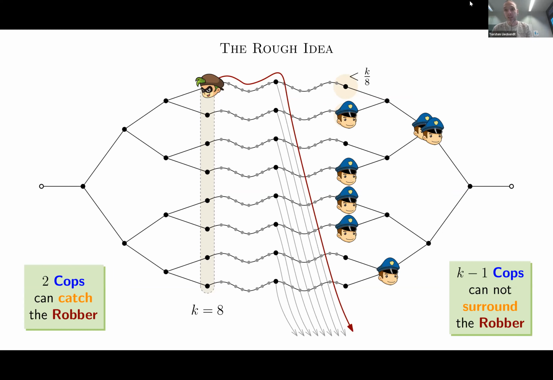Every vertex of my regular graph has k outgoing and k incoming edges, which I split into these trees with k leaves each, 1 for the outgoing edges and 1 for the incoming edges. And then the original edges of my base graph H will be replaced by very long paths. And think of L as being really, really long, nowhere near s. So s is small and L is large.